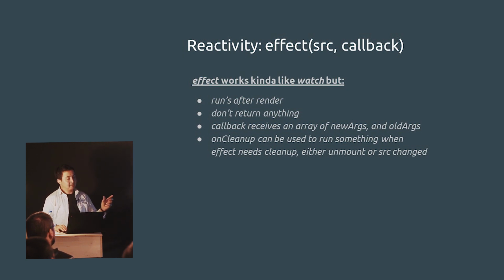You get sources the same way you do in the watch function, and the callback will receive one argument with an array of the new args that are the result from source, and a second argument with an array of the old arguments. So if you are updating and that value updated, you get the new value and the old value. And you have a function onCleanup that you can use if you need to do a cleanup on that specific effect.